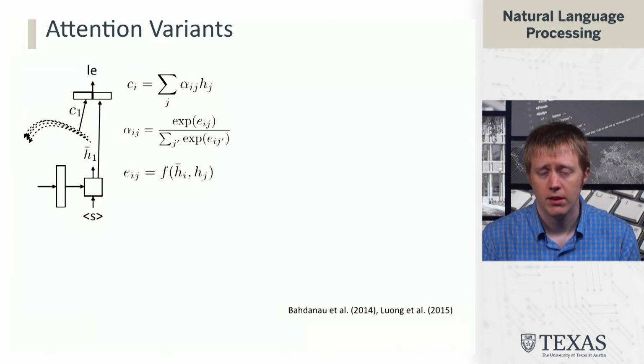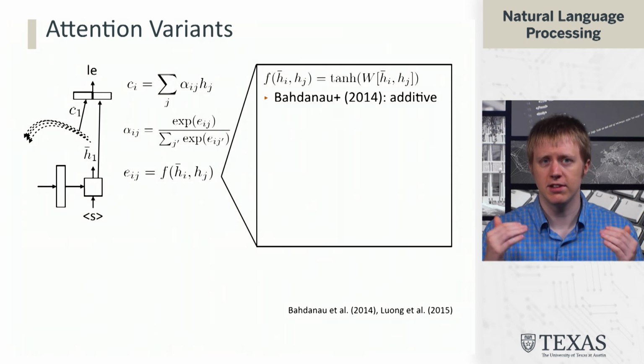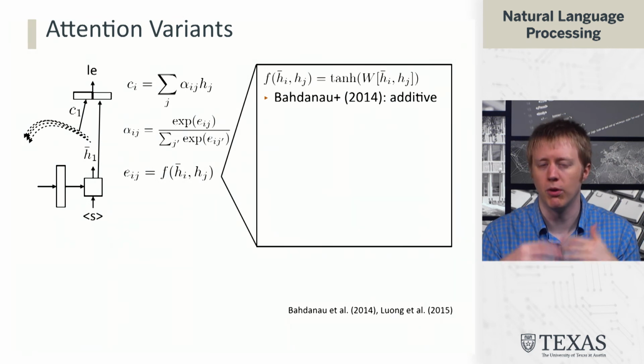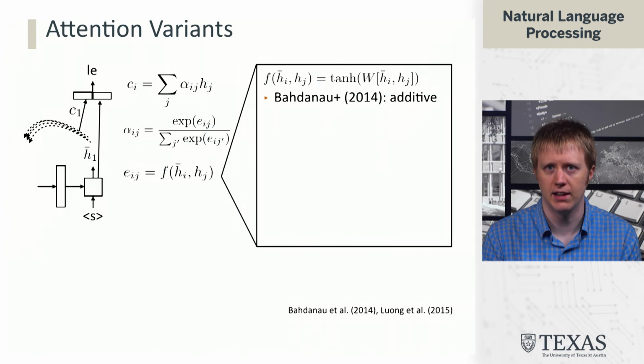All right, what are the different ways we can do this? So we talked about this function f here. It turns out there's a couple different choices here. One is to concatenate h bar i and h_j and multiply them by a matrix and use a tanh function, basically a kind of non-linearity or a one-layer neural network here in order to predict a score.